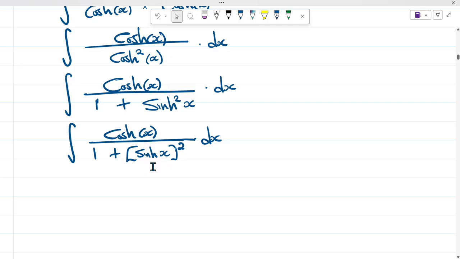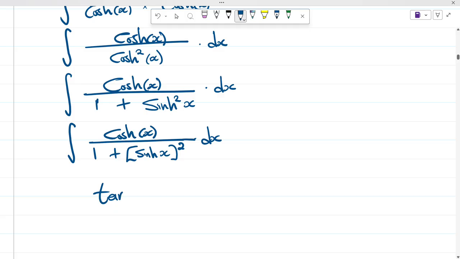So when I make this one to be f of x, can the numerator be f prime of x? Yes. And then this structure of having f prime of x divided by 1 plus f of x squared is what? Is the one for tan inverse. So then this tells us that the answer for this is just going to be tan inverse, not hyperbolic tan.